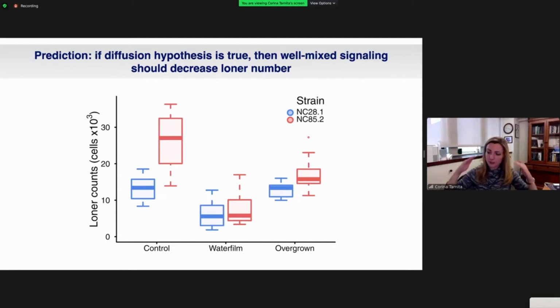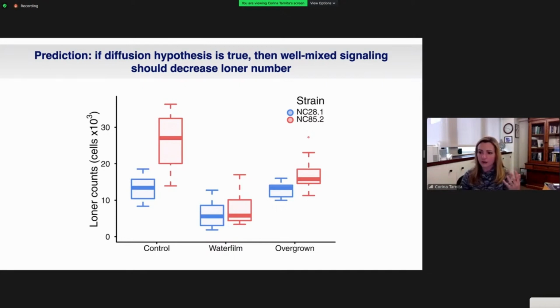In between those two endpoints, in those 4 hours or so that it lasts on the plate, it would mediate the diffusion. It would make it easier for other molecules to diffuse. And sure enough, the prediction was that if we have that water film, we should see fewer loners, and that's what we saw.